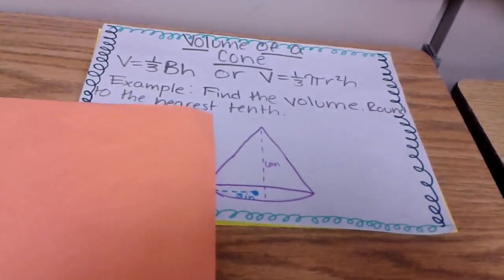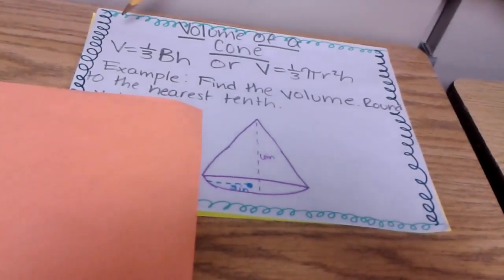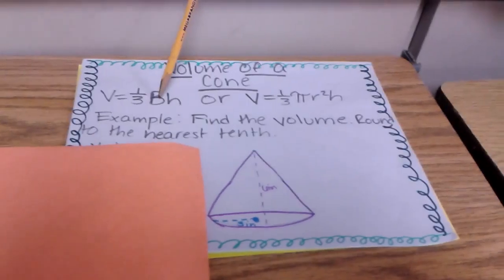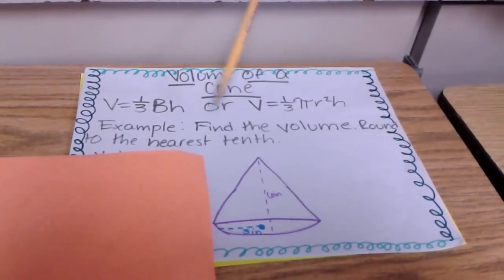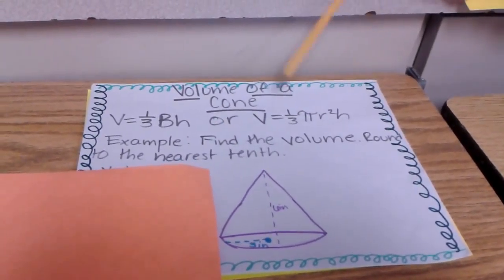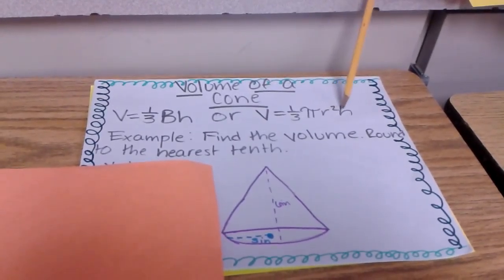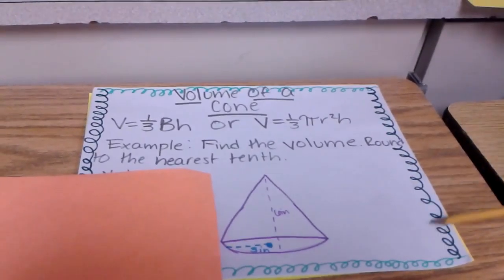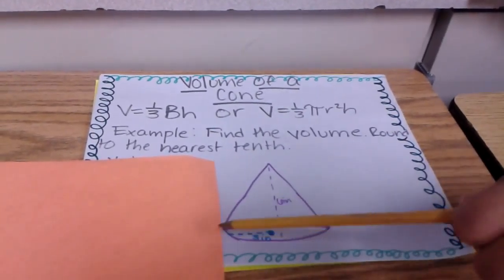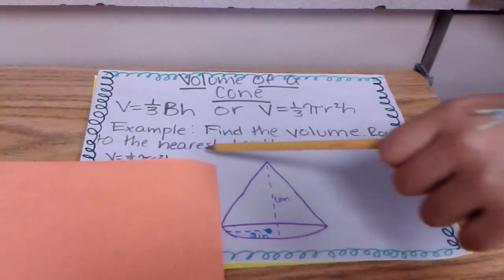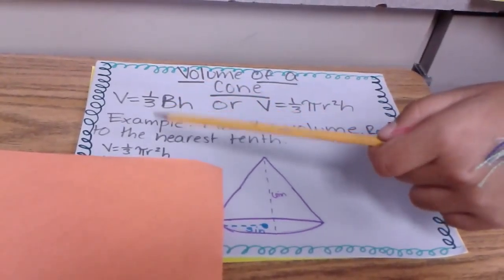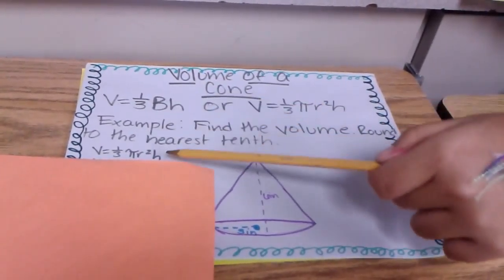So now, the volume of a cone. V equals 1/3 times B, the base, times height, or V equals 1/3 times pi r squared times height. Now find the volume, rounded to the nearest tenth. The height is 6 inches and the radius is 3 inches. So we put in the formula, 1/3 times pi r squared times height.